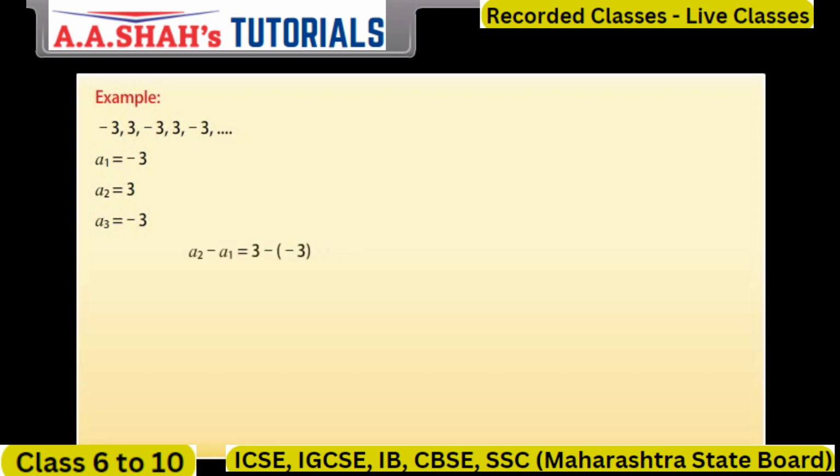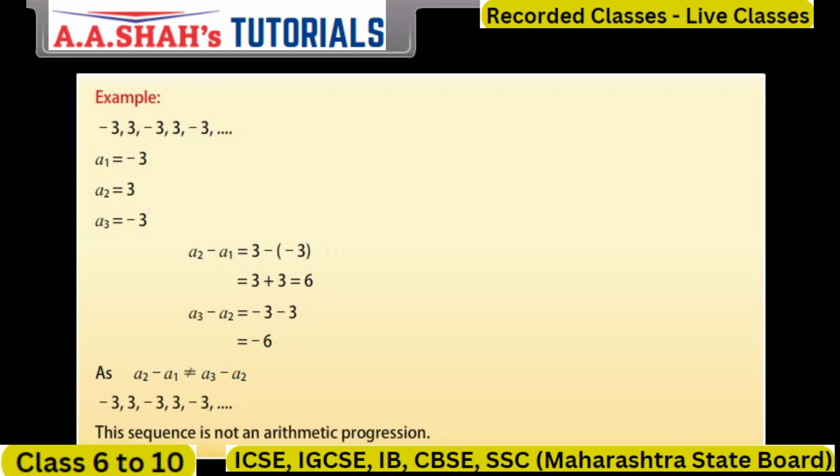Now let's find A2 minus A1, which is equal to 3 minus minus 3, which is equal to 3 plus 3, which is 6. Also, A3 minus A2 is equal to minus 3 minus 3, which is minus 6. As A2 minus A1 is not equal to A3 minus A2, the given sequence is not an arithmetic progression.